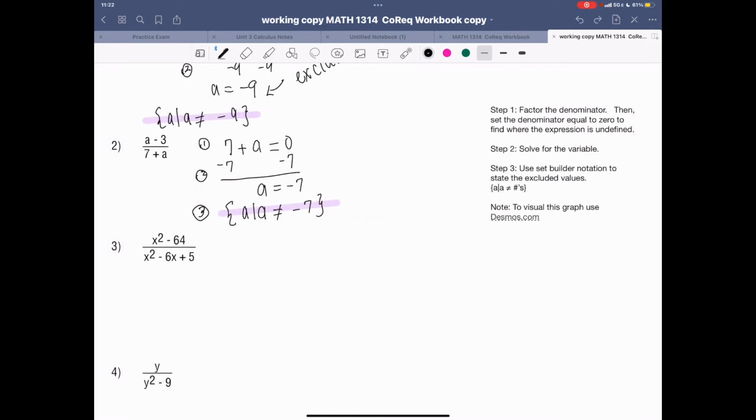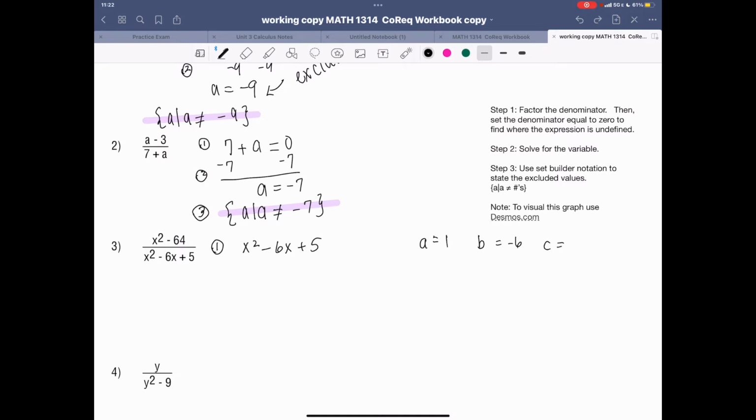All right, let's go ahead and look at number 3. Number 3 says x squared minus 64 over x squared minus 6x plus 5. So it says step 1, factor the denominator. So the denominator is x squared minus 6x plus 5. I'm going to go ahead and use the AC method, where you're defining what a, b, and c are.